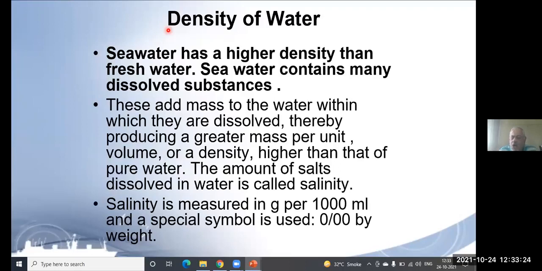And how much will it change? Suppose a ship is going from seawater of density 1025 to a freshwater river port where only fresh water is there. There is no saltiness in the water at all. So the ship's draft will increase automatically without even loading cargo.